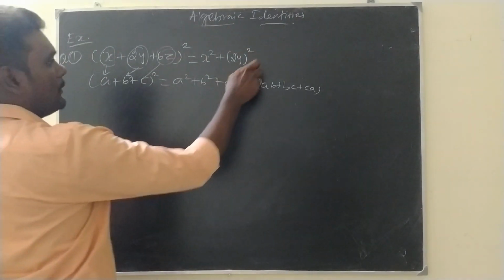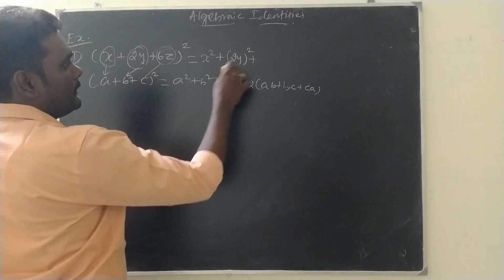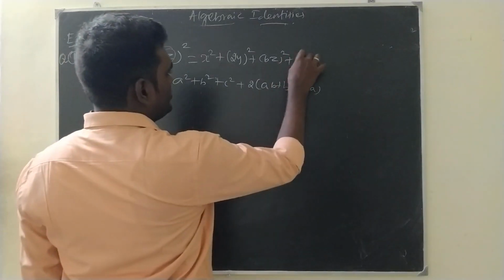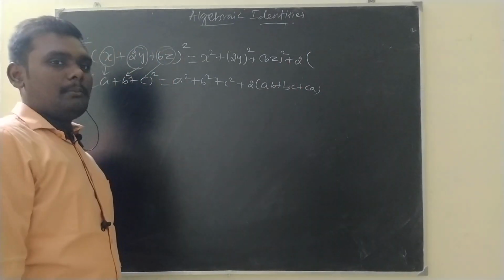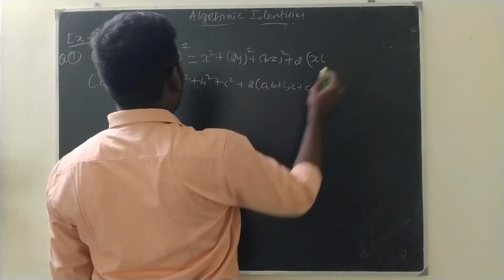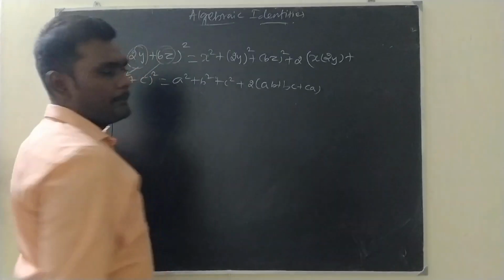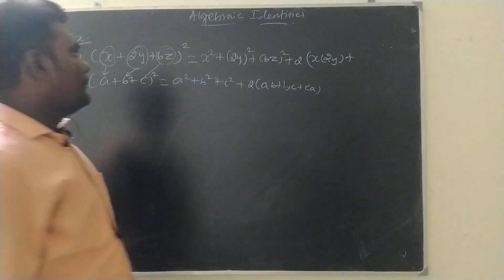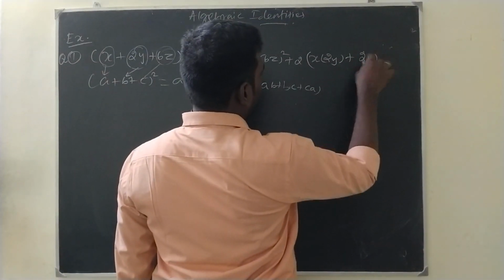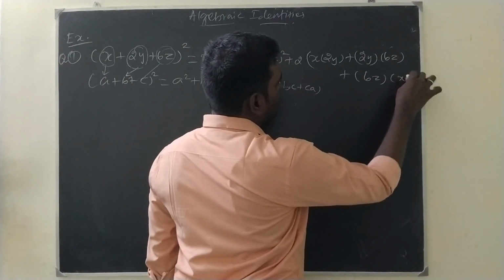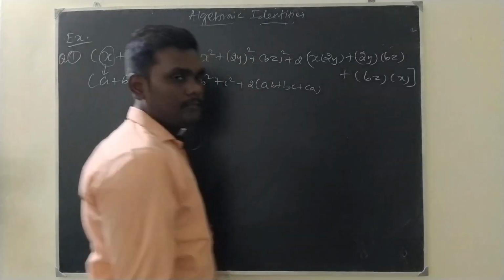Then 6z whole square plus 2 times AB. A is x, B is again 2 things, so I am using bracket 2y, plus BC. B is 2y and C is 6z, plus CA. This 6z into A, 6z is in bracket. That is why we are using brackets.